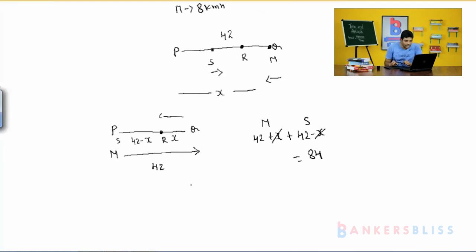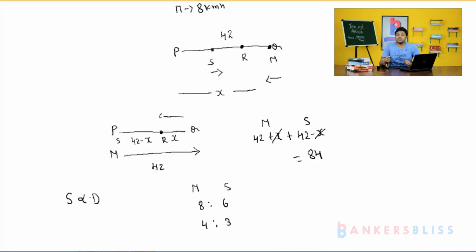Now, what is the ratio between Monu and Sonu? The speed ratio is 8:6, or 2 4s are 8, 2 3s are 6, so 4:3. One concept we always have to remember is that speed is directly proportional to distance. If you increase the speed, you can cover more distance.